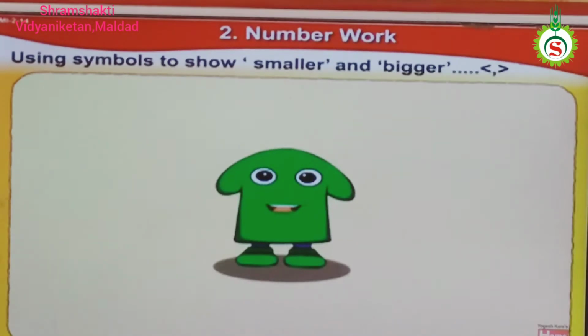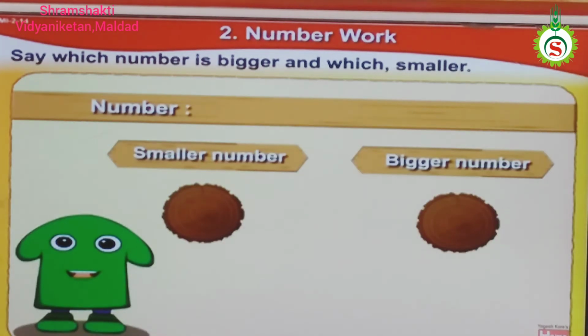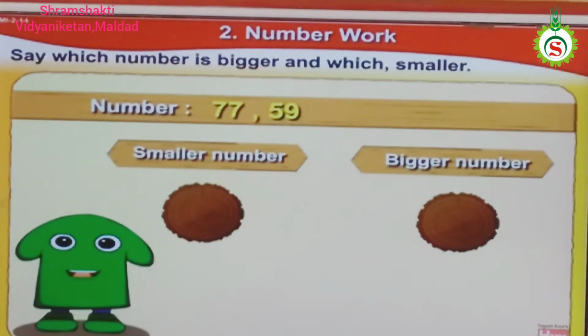Using symbols to show smaller and bigger. See which number is bigger and which smaller. 8, 2. You can easily make out that 2 is smaller and 8 is bigger. 76, 59.